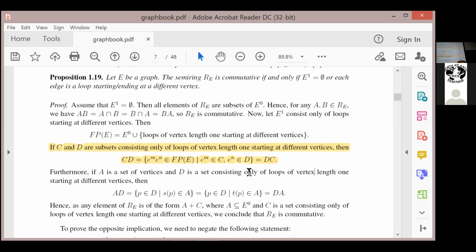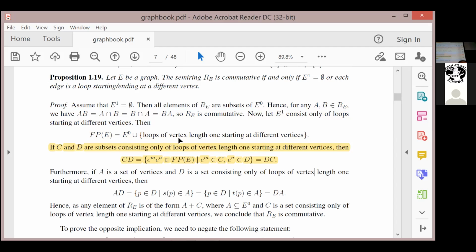Right, because that's the only way I can concatenate, since all elements are just loops starting and ending at one and the same point. When I try to concatenate, the only way is that I take loops that start and end at exactly the same place, which means I'm taking the same edge to some possibly different power.